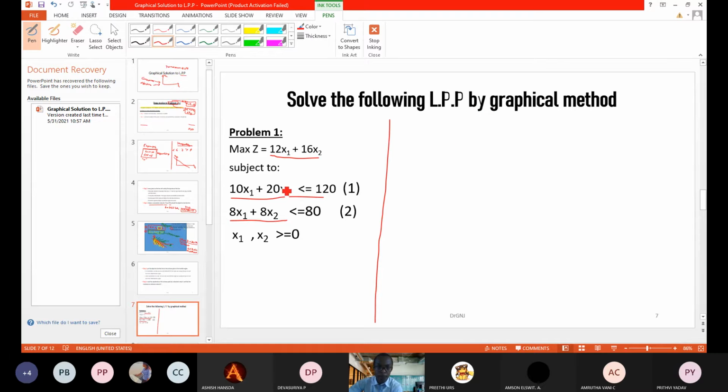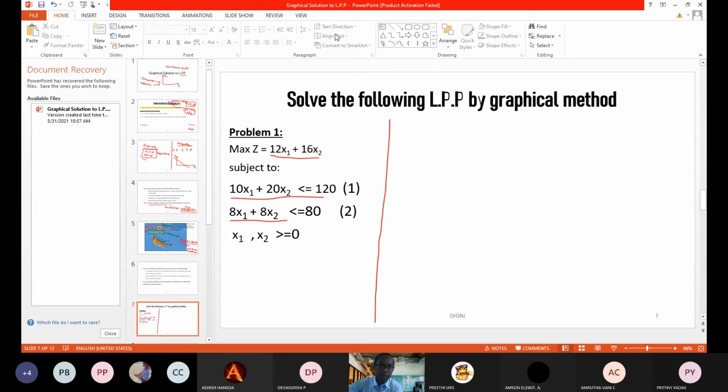How do we do it? Number one, what do we do here? Here we write the solution. Don't forget, here we write Solution number one.